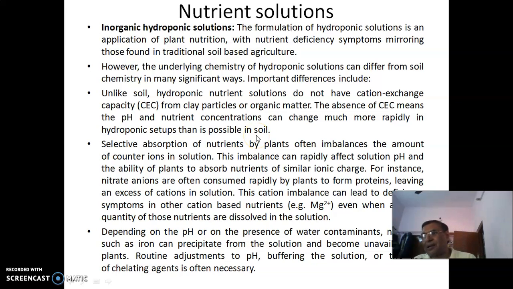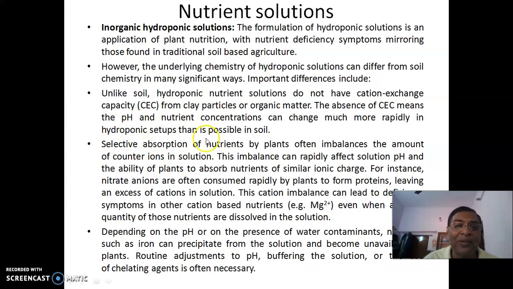In the soil, the pH is not changing much because of this cation exchange phenomenon. Whereas in hydroponic solutions, there is no such soil; you can find only solution. There is no cation exchange phenomenon. Therefore, the pH is changing quite quickly, and nutrient concentrations are also changing quite quickly. This we have to manage in the hydroponic solutions which you are giving to the plants.